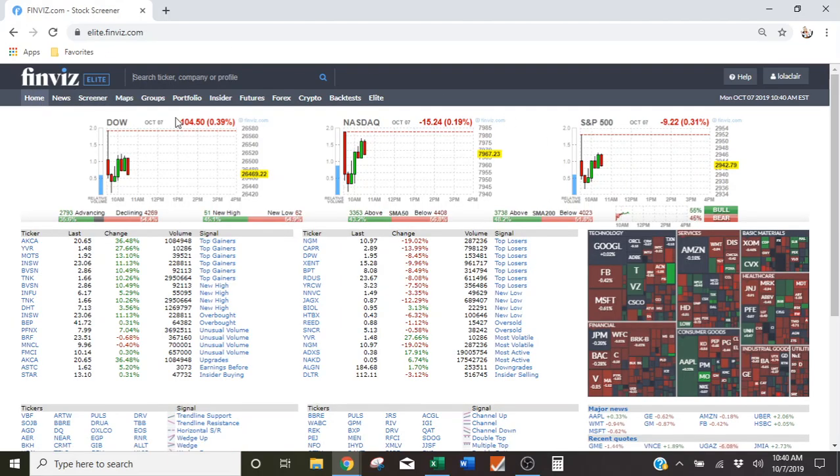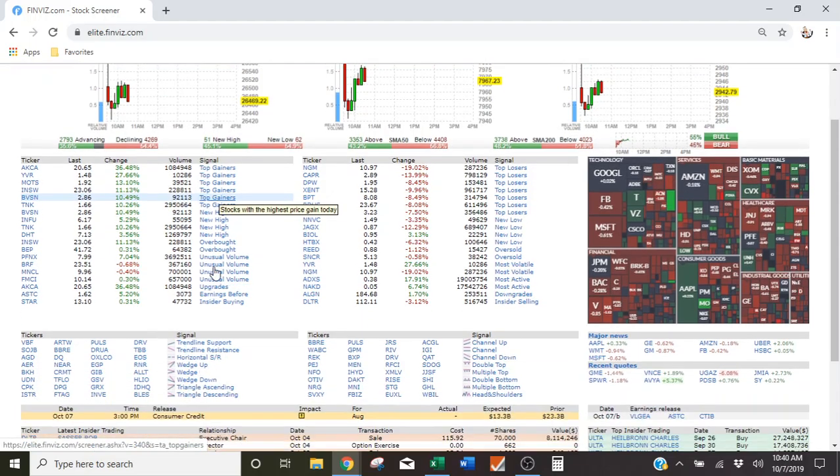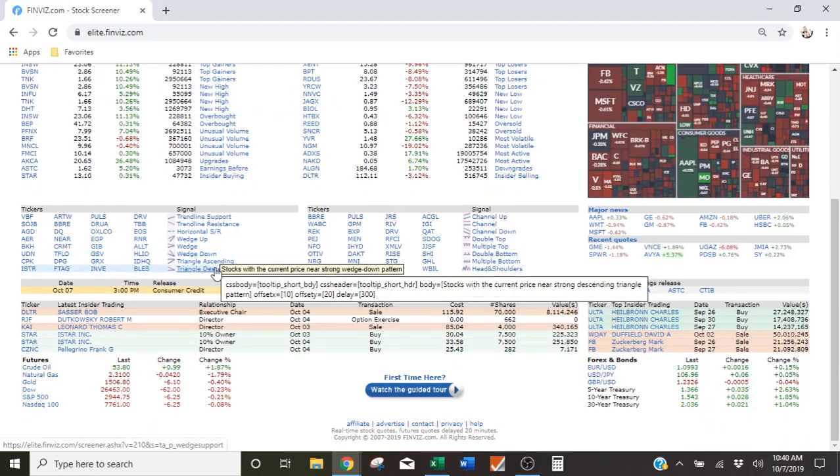I guess I didn't point out that you do see readings for the Dow, the Nasdaq, and the S&P 500. Tells you where they're at, which is good information as well. You can see what the overall market is looking like and whether it's a good idea to trade that day or not. All right, so yeah, that's basically it for me.